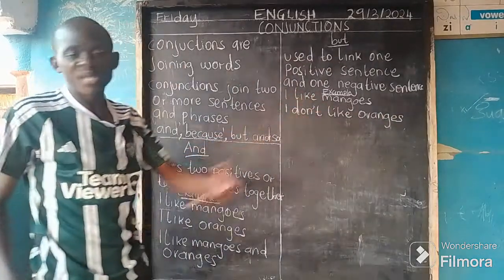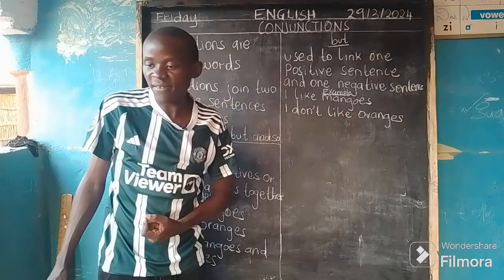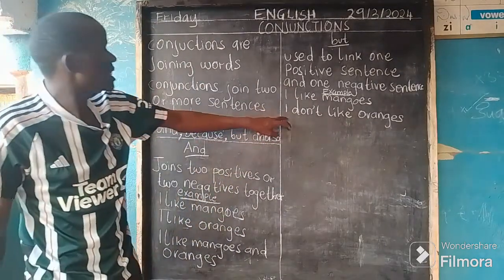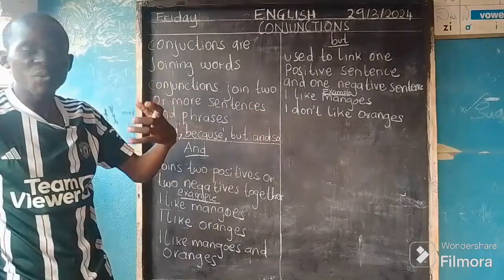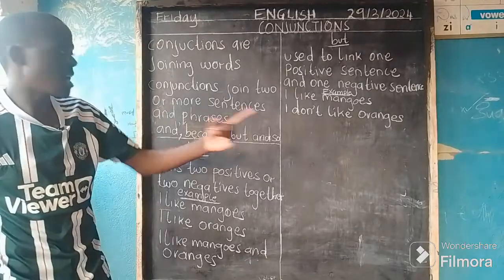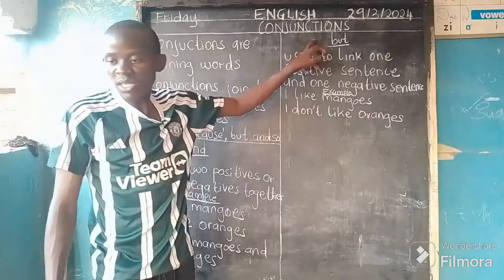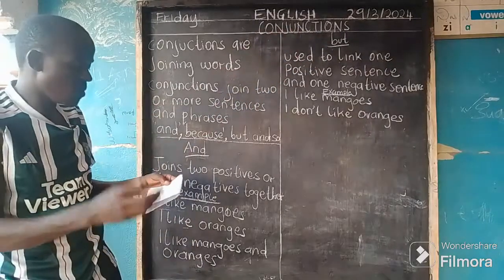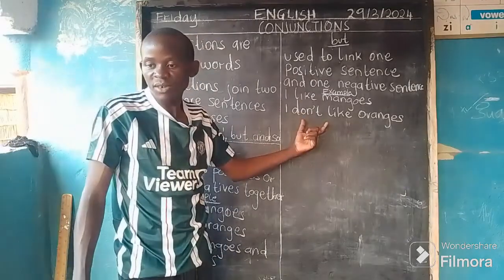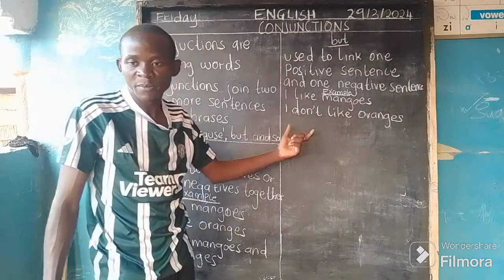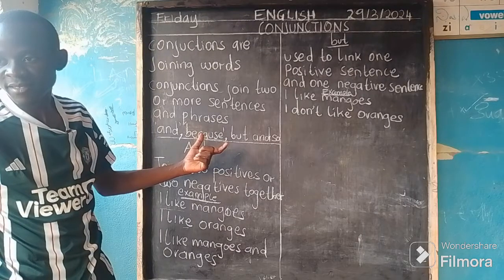So I like mangoes is a positive sentence. I don't like oranges is a negative sentence. So in this case, since these are not the same, you have to use a different conjunction other than and. That conjunction is but. So when you want to put these sentences together, what will we say? I like mangoes, but I don't like oranges.